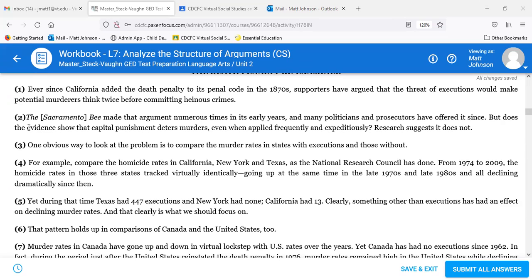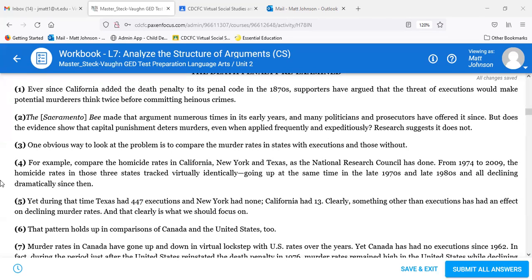Ever since California added the death penalty to its penal code in the 1870s, supporters have argued that the threat of executions will make potential murderers think twice before committing heinous crimes.